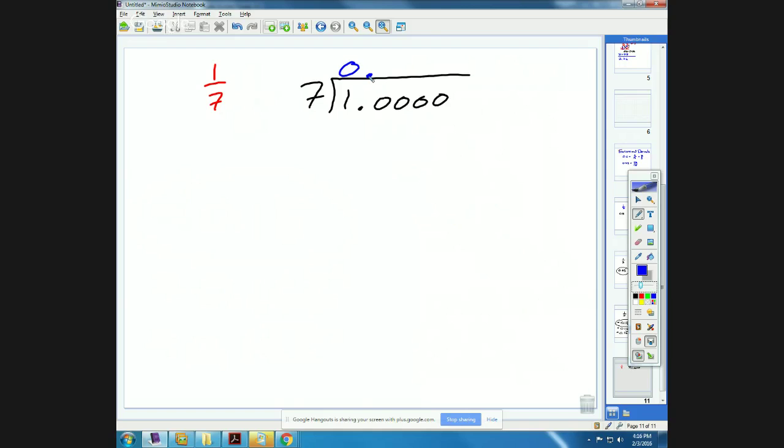I know where the decimal point goes. 7 goes into 10 once. 7, subtract, 3, bring down that 0. 7 goes into 34 times. Is that right? 4 times 7 is 28. Subtract, I get a 2, and I'll bring down the next 0.